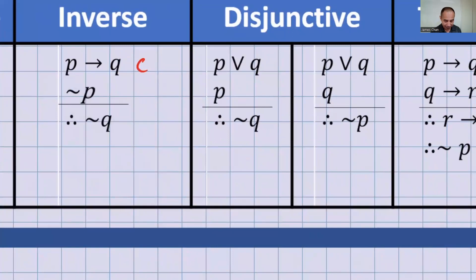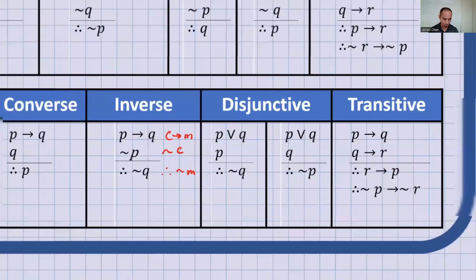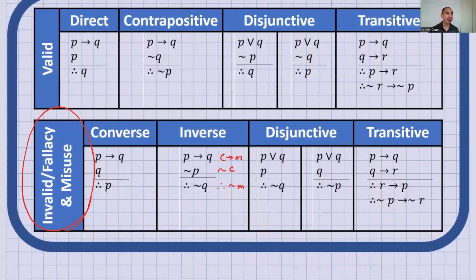We had C to M, and then we had not M, I'm sorry, not C, sorry. And then the conclusion was not M, right? So we had this inverse right here, but this inverse right here was an invalid fallacy or a misuse.